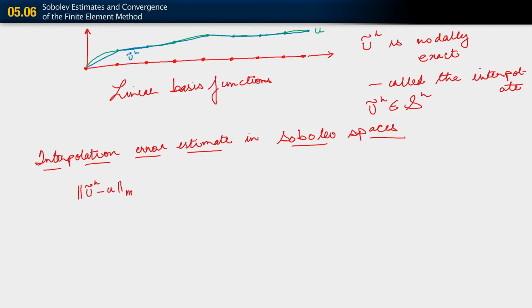Okay, it's important to note why this is called the interpolation error, right? So the term on the left is my interpolation error. Interpolation error is this, u tilde h minus u. The reason it's called the interpolation error should be pretty obvious, right? And what is that? Think about it.